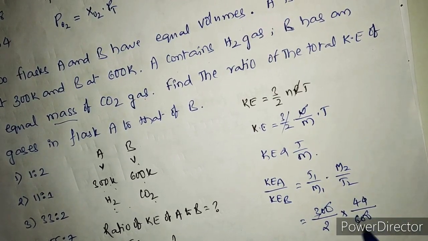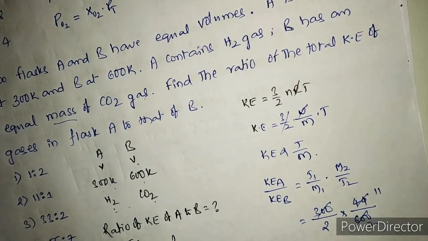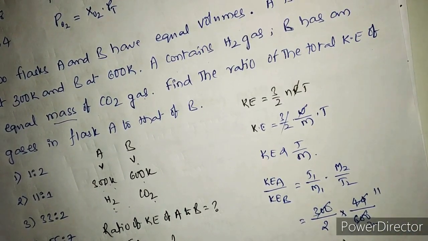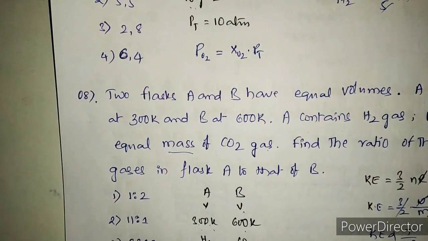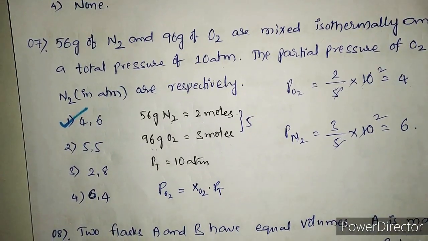Do this calculation. It is 2 to the 4, right? 4 11s. That means it is 11:1. What's your answer? 11:1. So your answer is 2 here. Next question.